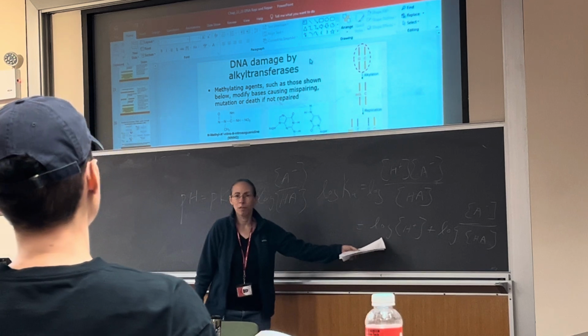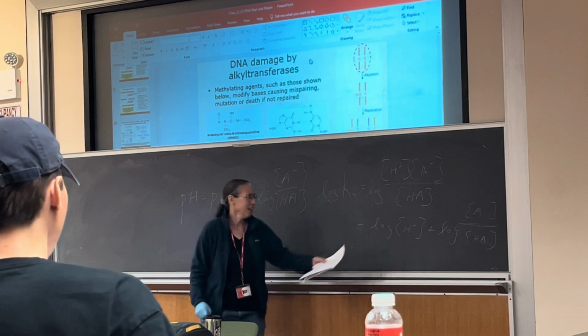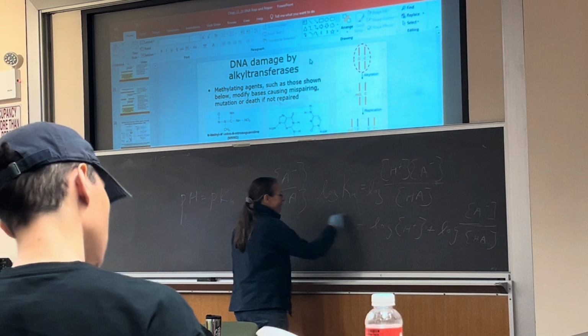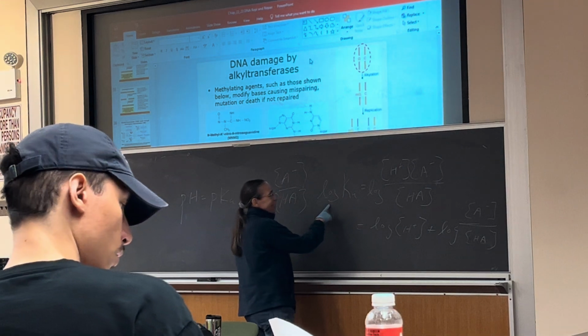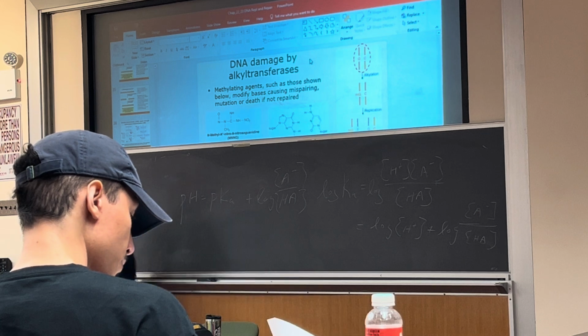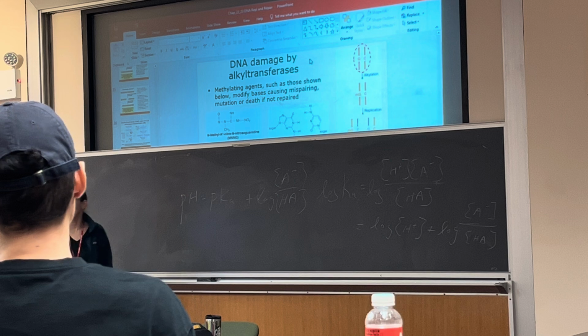The negative log of the hydrogen ion concentration is the pH. So if you subtract log from this side and put it on that side, and subtract log Ka from this side and put it on that side, then you have the following equation.